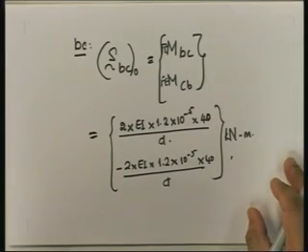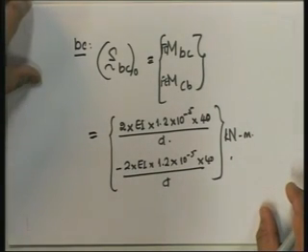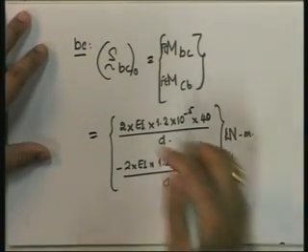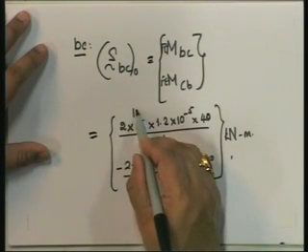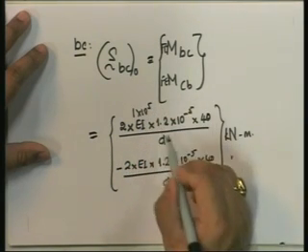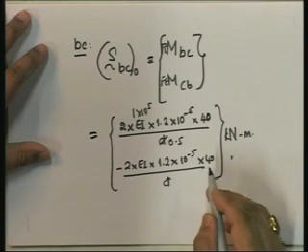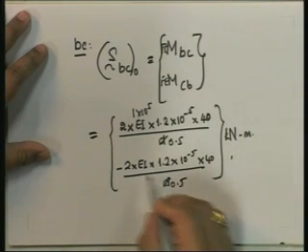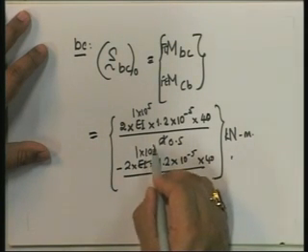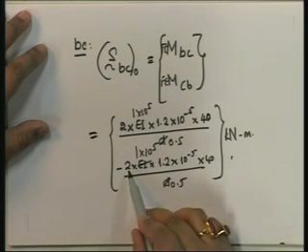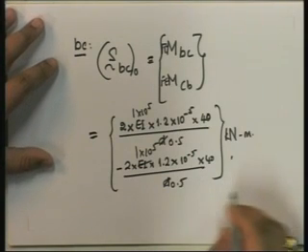If you plug those values in, you will see this is 1 into 10 to the power of 5 divided by 0.5, and what you get is 48 into 2, 96, so you get 128.